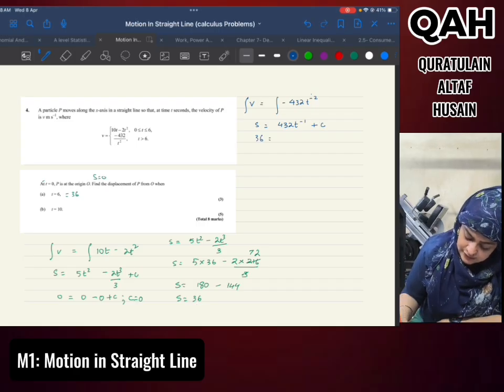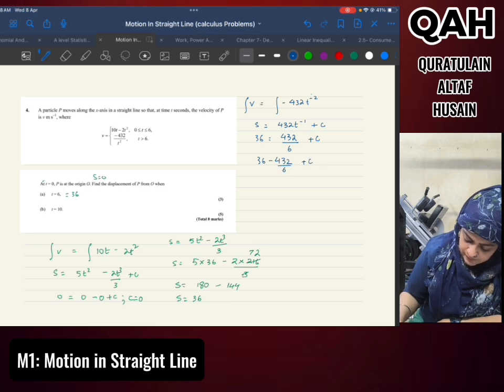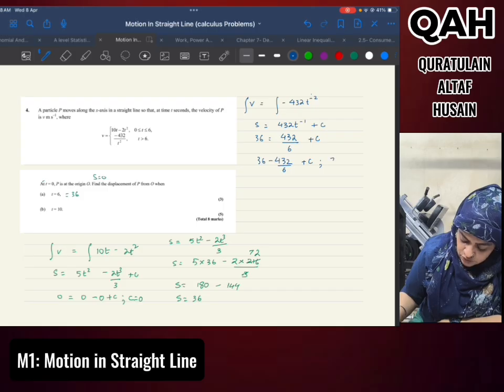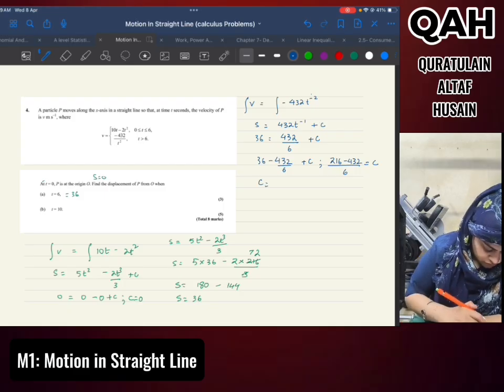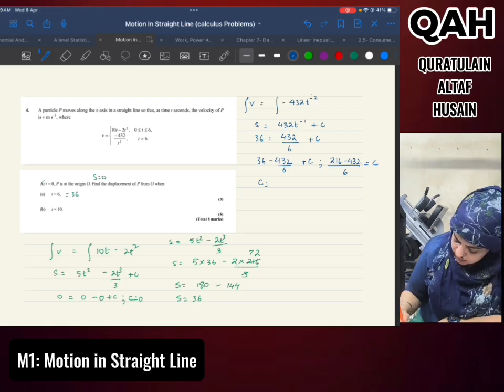36 is equal to 432 upon 6 plus c. We make the denominator the same. So this is 216 minus 432 upon 6 is equal to c. C is equal to 216 minus 432 divided by 6 is 36.